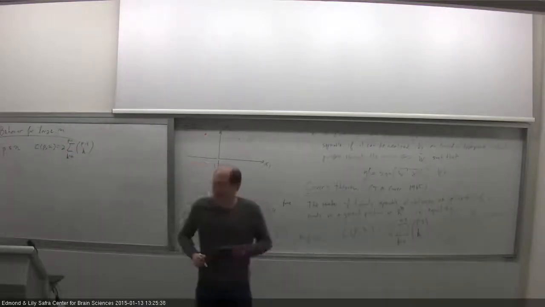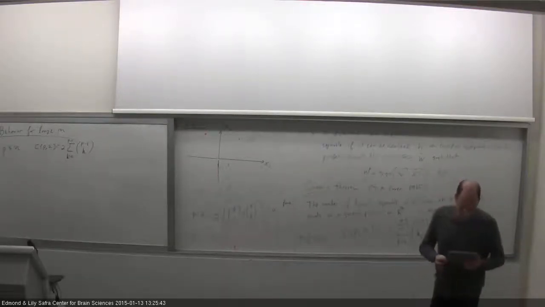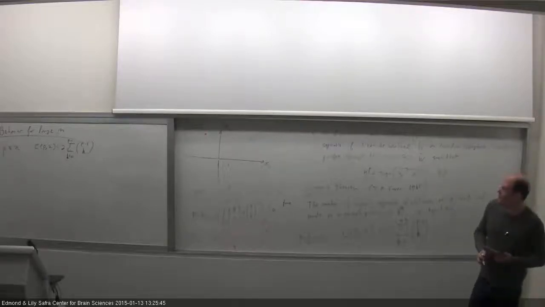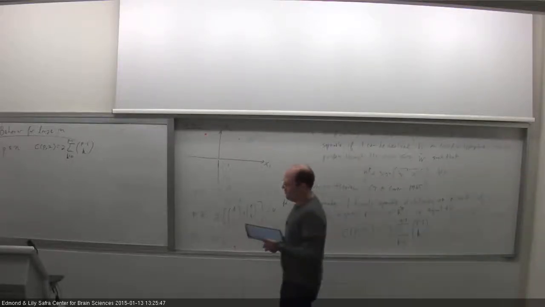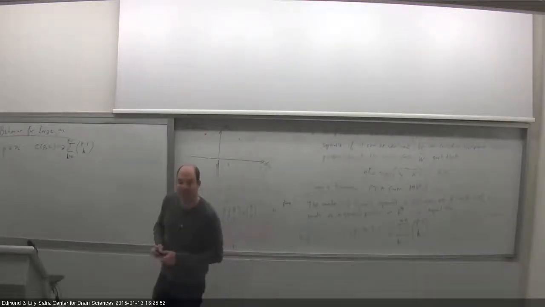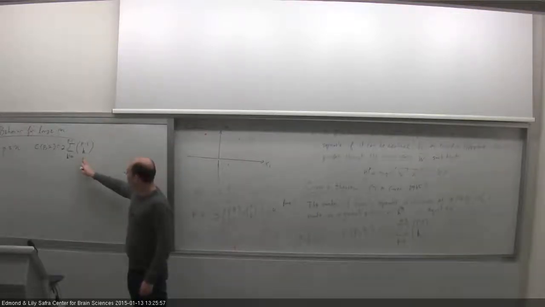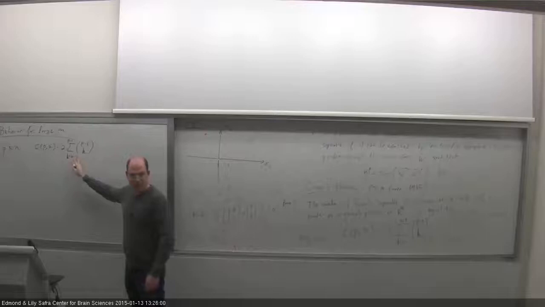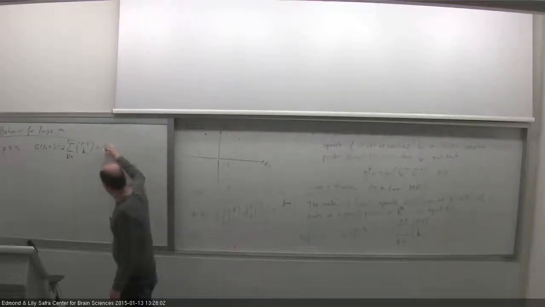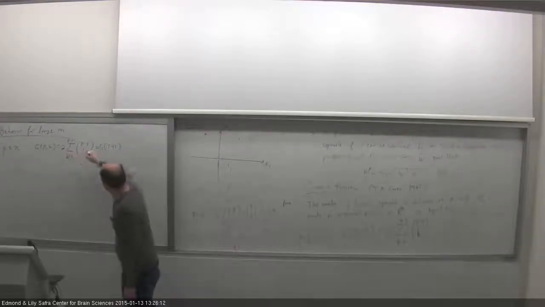Right? But what is this? Does anyone know what this sum is equal to? This is really the binomial expansion for 1 plus 1 to the power p minus 1. So the 2 that I'm writing is this 2.